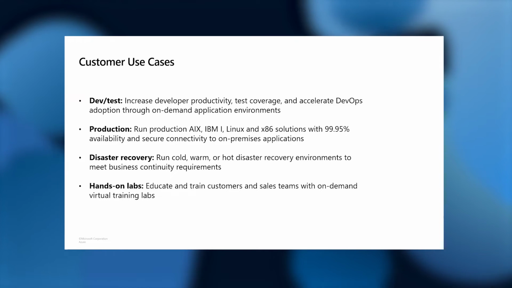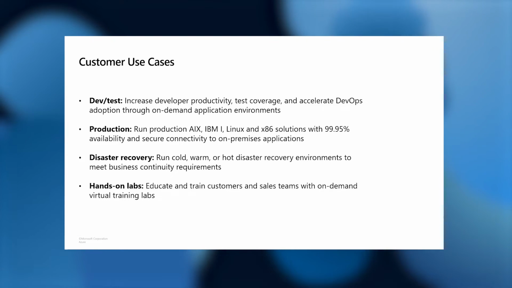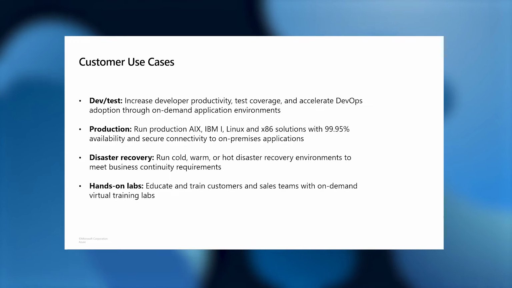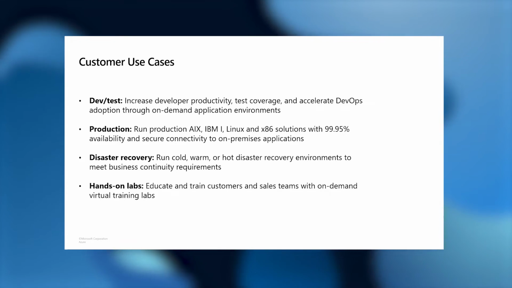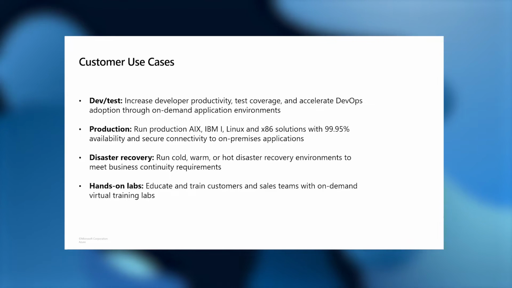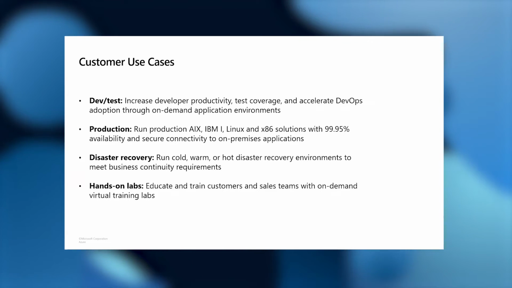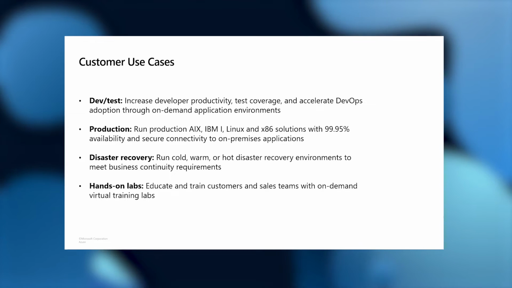Through Skytap on Azure, you are able to get cold, warm, hot disaster recovery that meets the enterprise continuity requirement. Lastly, for hands-on lab purposes, through Skytap on Azure, you're able to educate and train your customers and your sales teams with on-demand virtual hands-on labs.